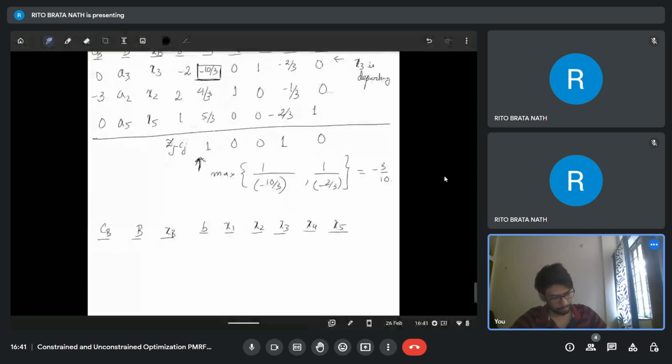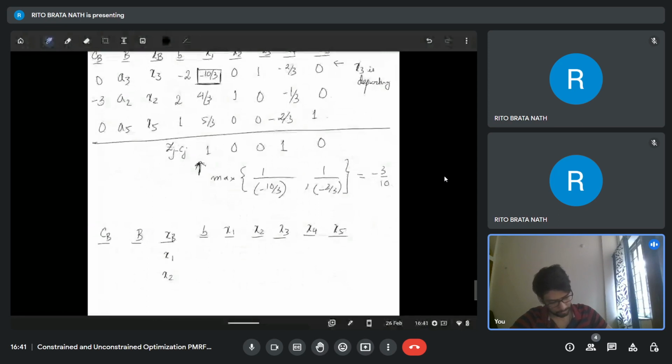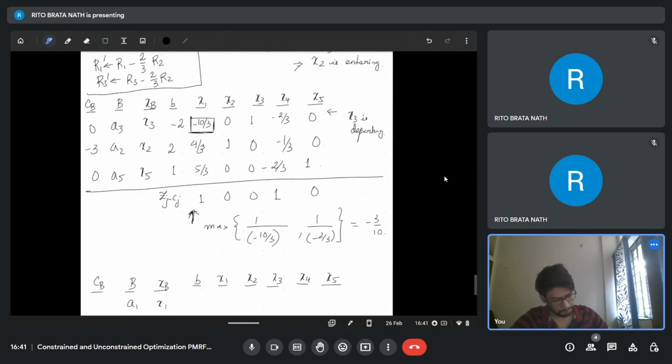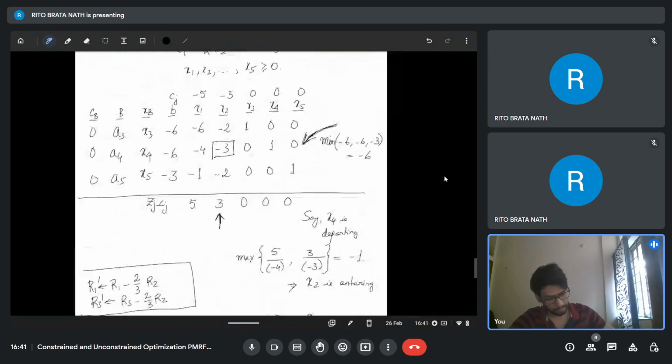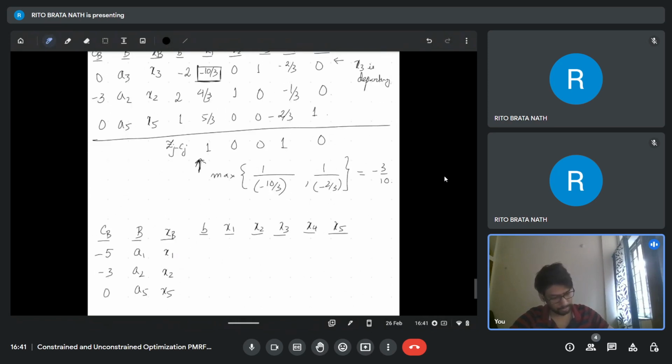So what you will get from here is that this is x1, this is x2, this is x5, this is a1, a2, a5, and what you have from here is minus 5 and minus 3, right? 0. And now the first one, so R1 prime will be R1 divided by minus 10 by 3.